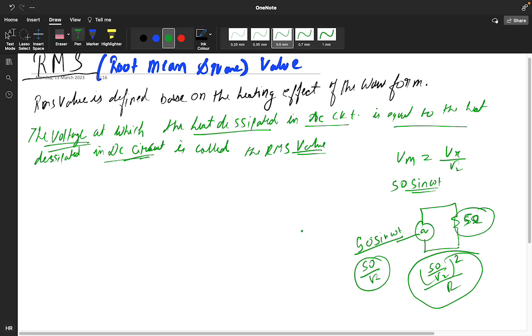And if you apply the same 50 by root 2 as a DC, it is equivalent to your DC value. If you want to represent this 50 sine omega t in a DC form, you have to take 50 upon root 2. That's what it is saying: the voltage at which the heat dissipated in an AC circuit is equal to the heat dissipated in the DC circuit is called the RMS value.